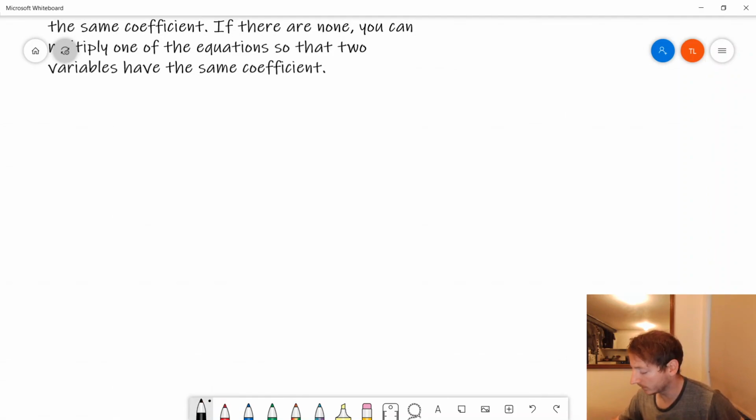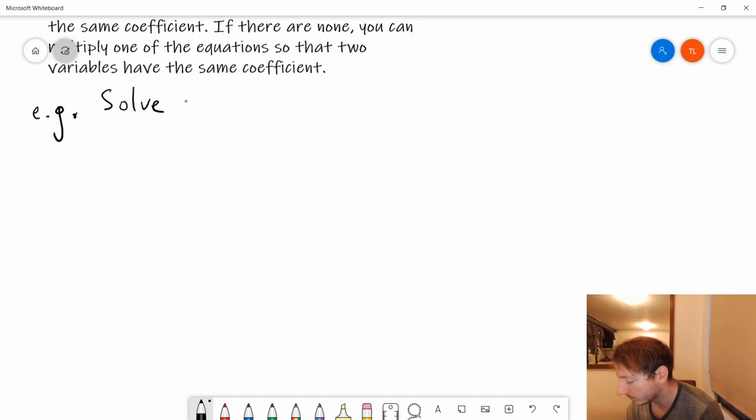Let's do another example. So let's do another easier one. I'm going to be making this one up, so it might not have a nice answer, it might be a bit more fractiony.